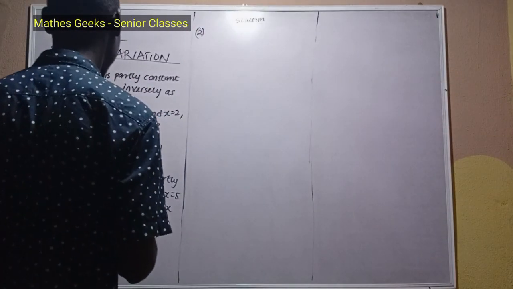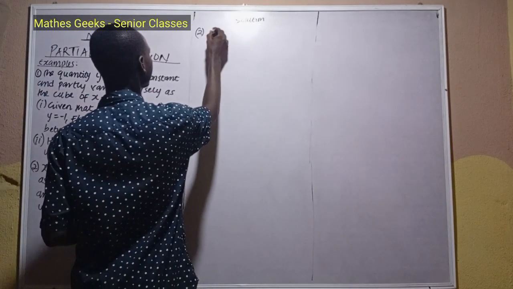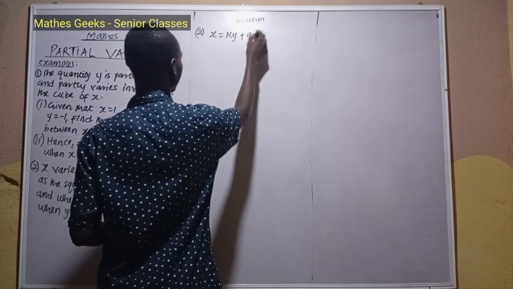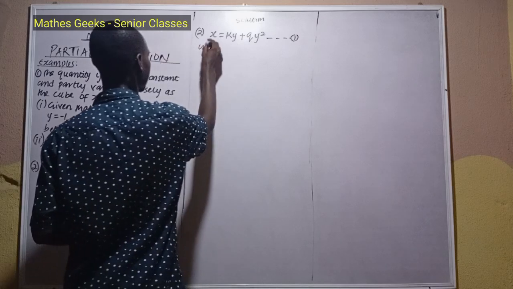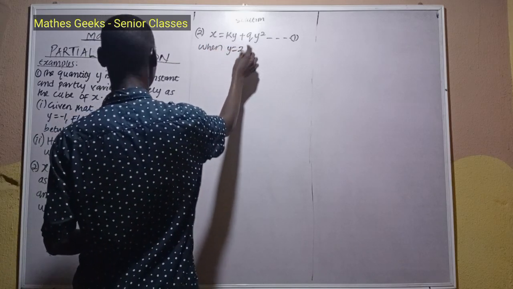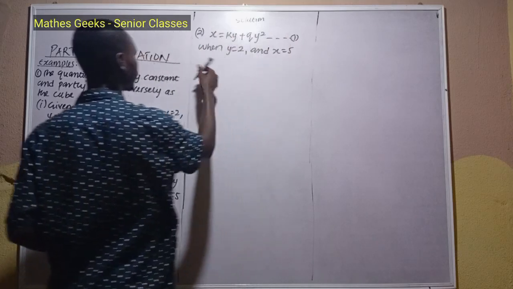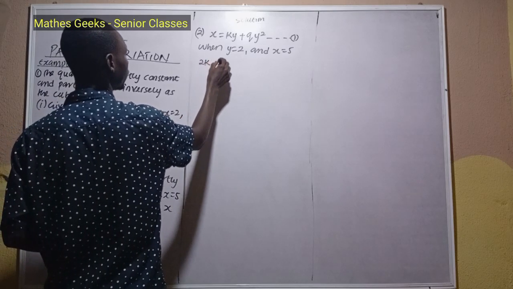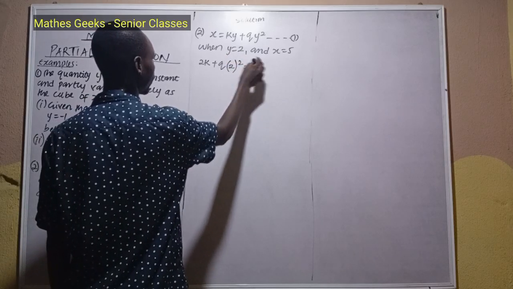x varies partly as y and partly as the square of y. So x equals ky plus qy squared, equation 1. When y is 2 and x is 5, the equation becomes 2k plus q times 2 squared is equal to 5.